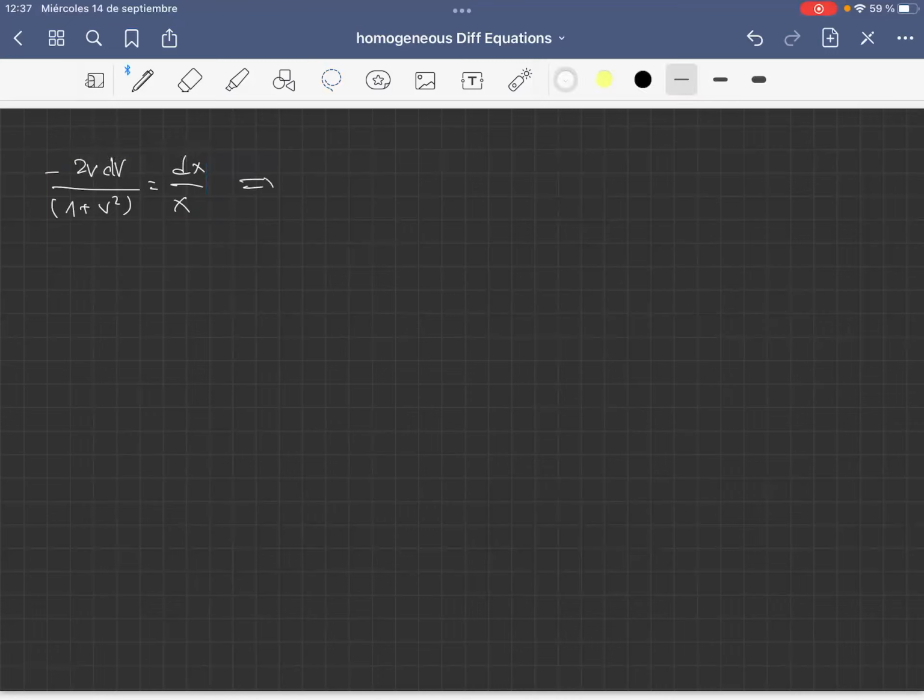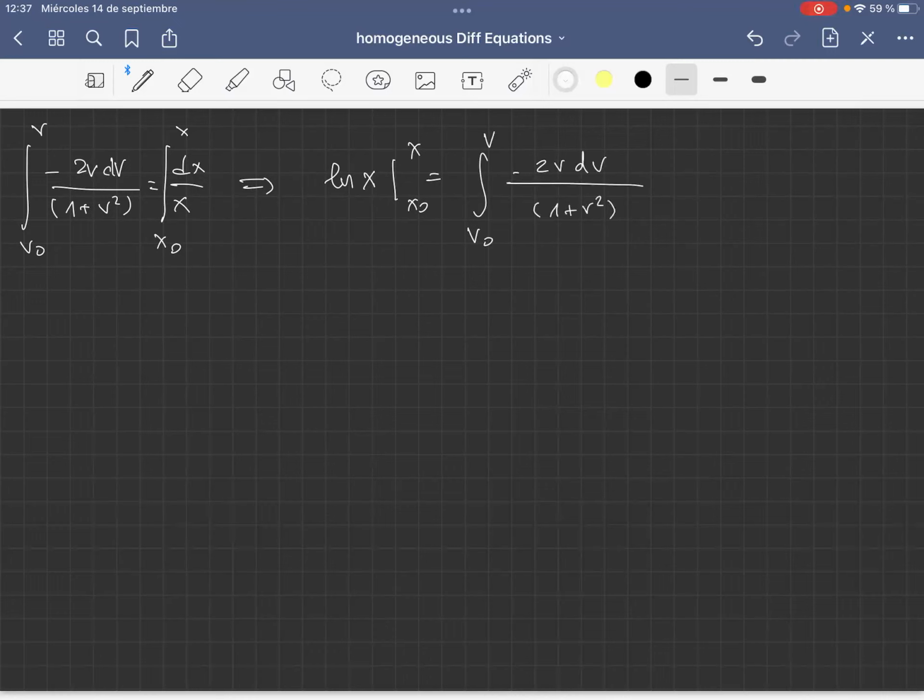So as you can see, on the left-hand side we can put some limits if you want. And we can put v0 on v. So we have the logarithm of x equals this integral. But realize that in the numerator you have exactly the derivative of the denominator, except for the sign. So you can just take out the sign and you just have the logarithm of 1 plus v squared between these two limits.